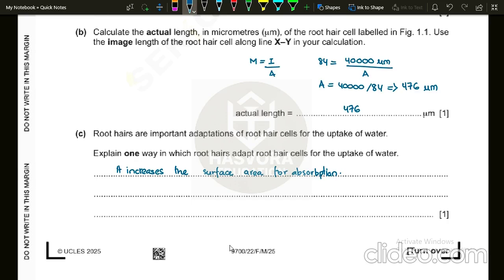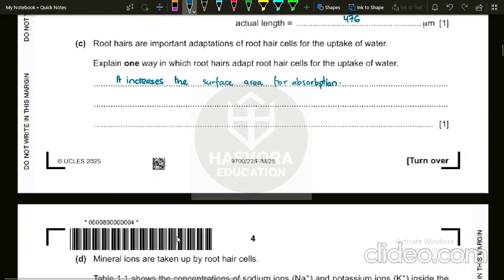When there are more aquaporin channels, it means that there will be more uptake of water. And you can also write that it has a significant role in reaching a large volume of water in the soil. So any of the 3 points, you can write one of them and you will get the 1 mark for it. Let's move on to part D.